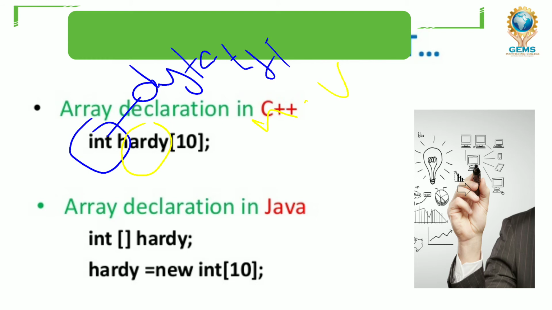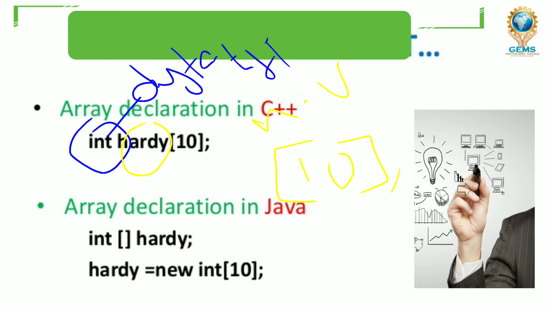Immediately after the name of the variable, we have to write a bracket. After the bracket, we will end with the semicolon. Inside this bracket, we have to mention the size. Okay, size is 10.